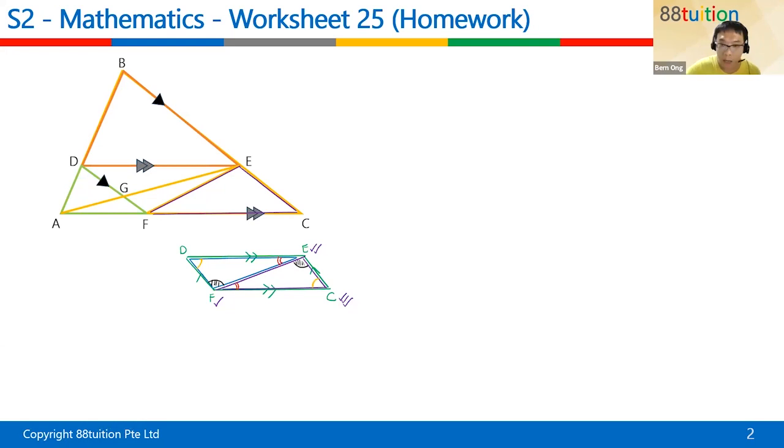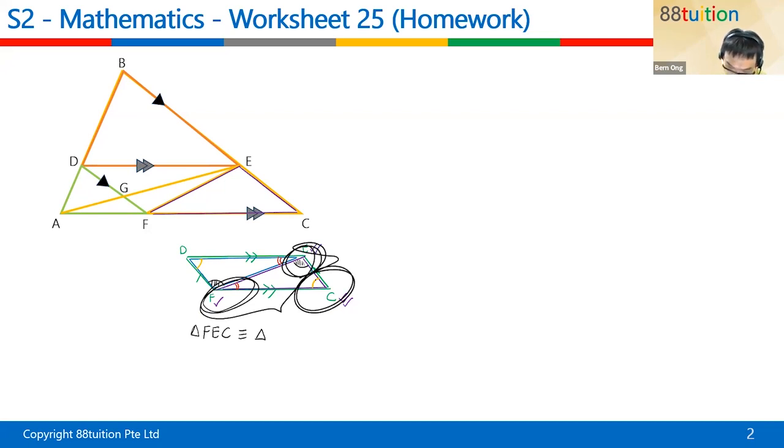Question is asking about FEC, so you must be able to tell me that triangle FEC is congruent to triangle what? F is the red angle, E is the black angle down here, and C is the orange angle down here.